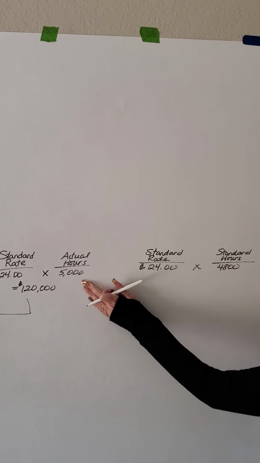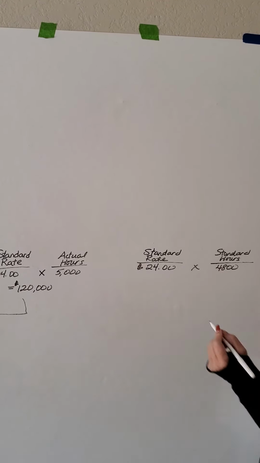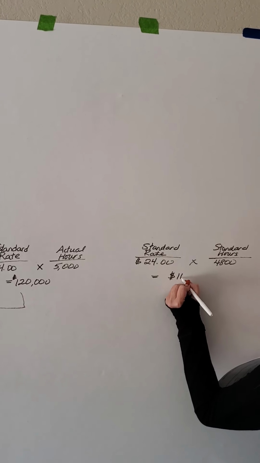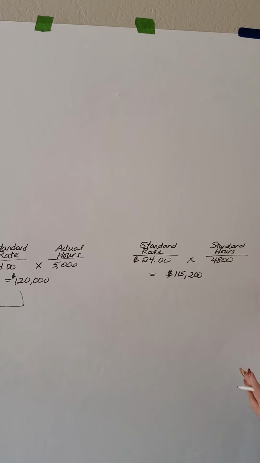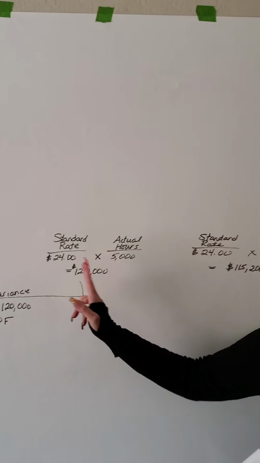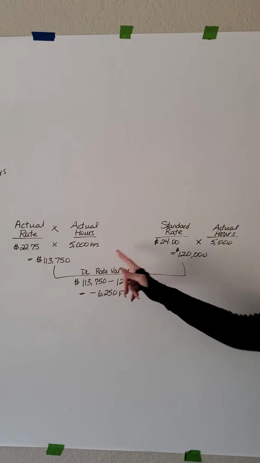So we can see that we used more hours than we had for the standard. We multiply those two together, it's going to come to $115,200. Remember here, when you're looking at your rate variance, you're going to use the same hours because we're really concerned about the rate difference, not the hours.